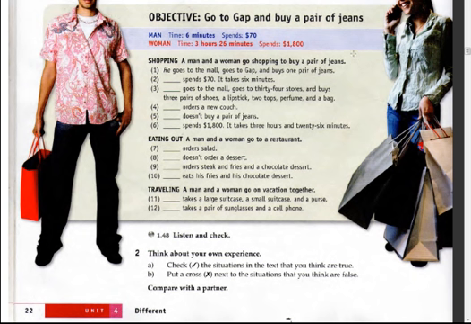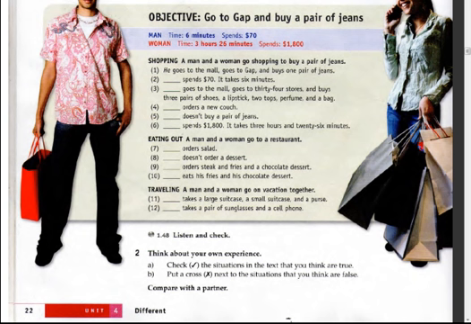Unit 4. Track 1.48. Objective. Go to Gap and buy a pair of jeans. Man. Time, 6 minutes. Spends $70. Woman. Time, 3 hours 26 minutes. Spends $1,800. Shopping.